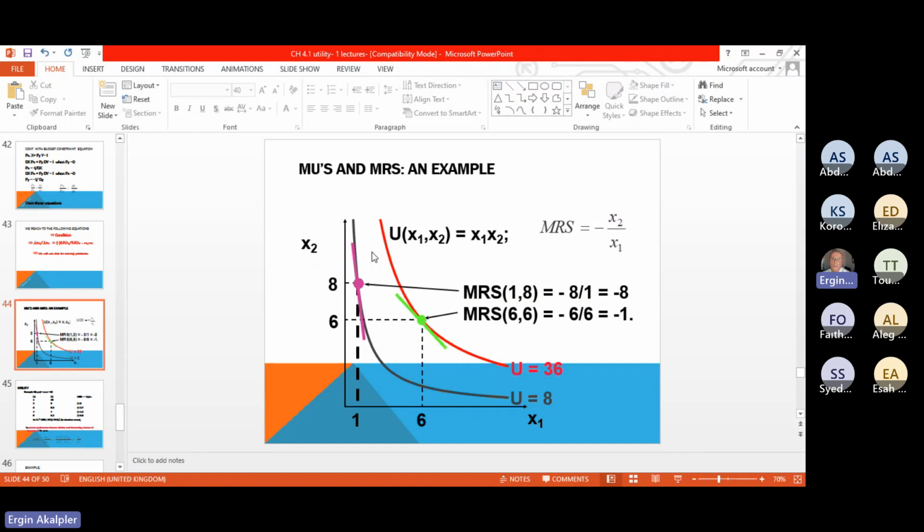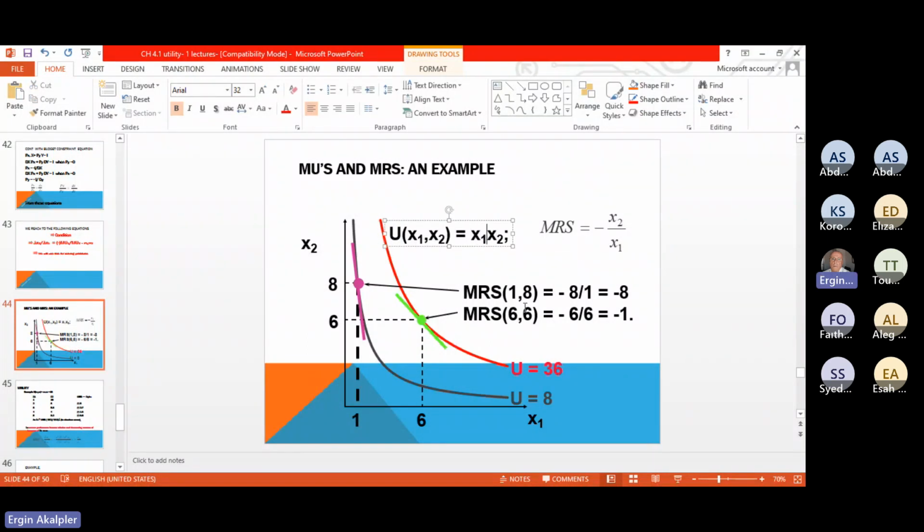And marginal rate for the second one, for the red one, is 6, 6. Then this will give you minus 6 over 6, which will give you minus 1, isn't it? Because you're going to divide each other, because marginal rate of substitution here is given x2 over x1, isn't it? And the utility is x2 and x1, isn't it?